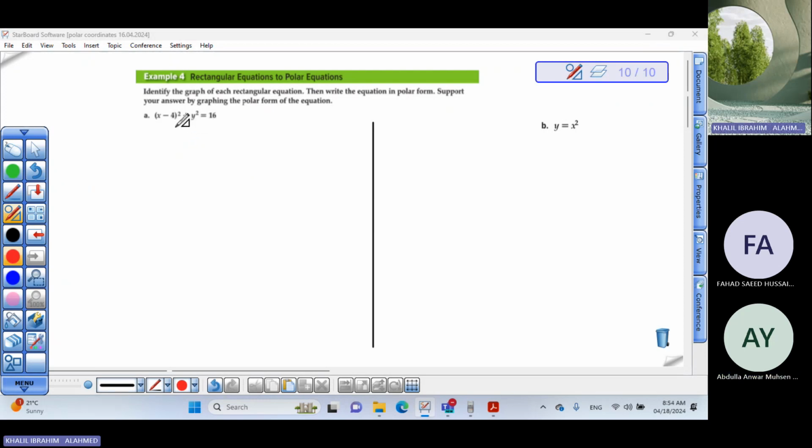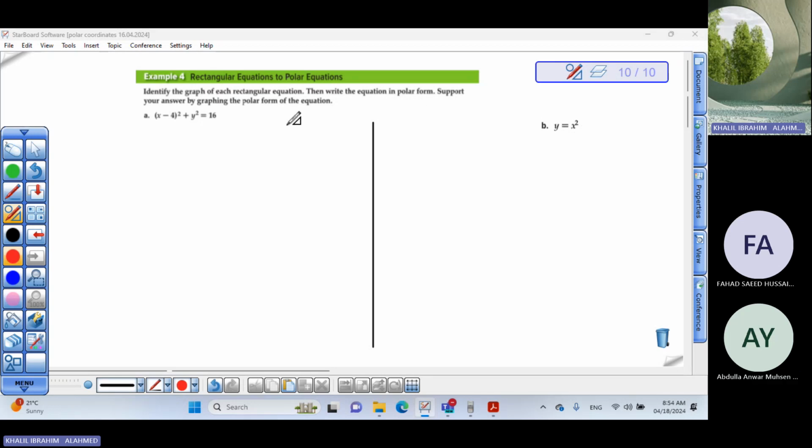Yeah, rectangular, excellent, because we have x and y here. Also this equation, polar or rectangular? Polar? How polar? We don't have r, we don't have theta. We cannot say polar. This is a rectangular equation also.